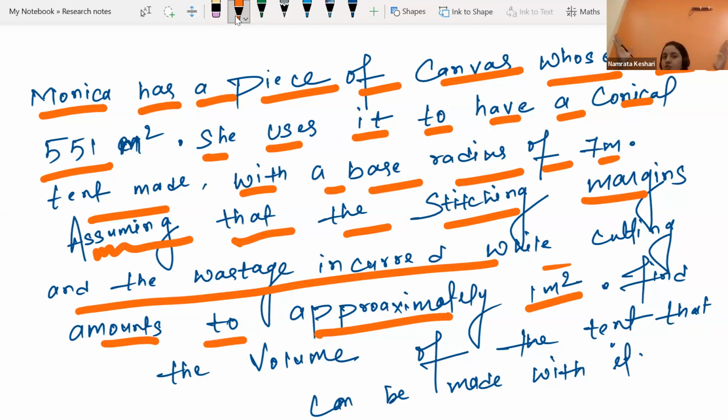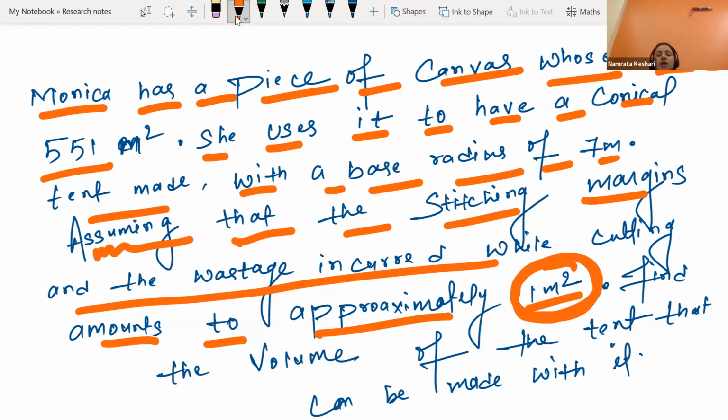So total cloth she was having initially is 551 meter square, and while creating the tent there is a wastage of 1 meter square. Can you see the wastage of 1 meter square?